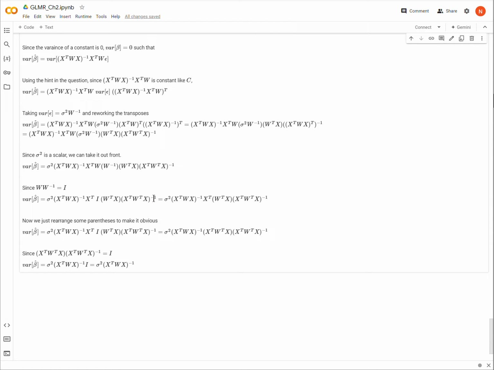So I get this, and I can just ignore the identity matrix because whatever you multiply by it, you just get the thing you multiplied. So now I've simplified everything to this, and already the solution might be apparent, but I'm just going to move some parentheses to make it more obvious. In linear algebra, we can put the parentheses wherever we want, more or less.